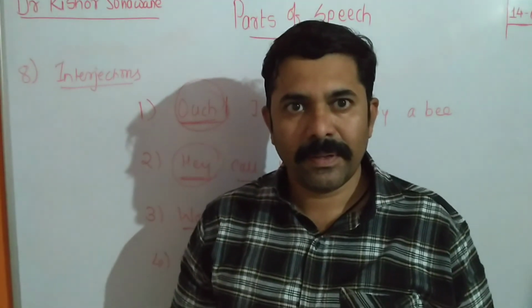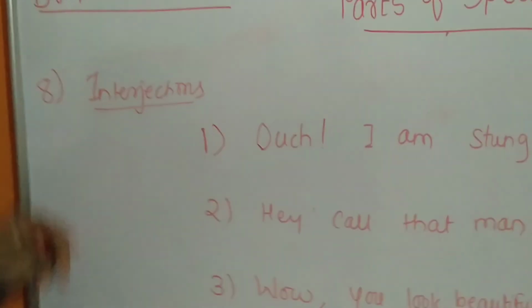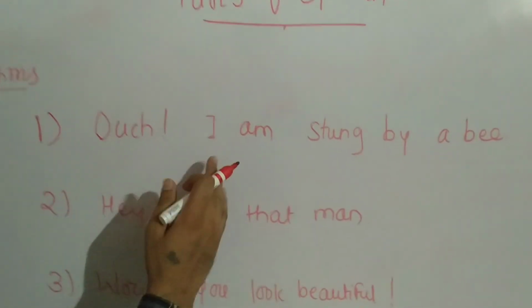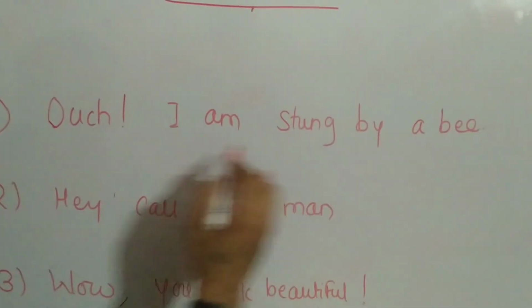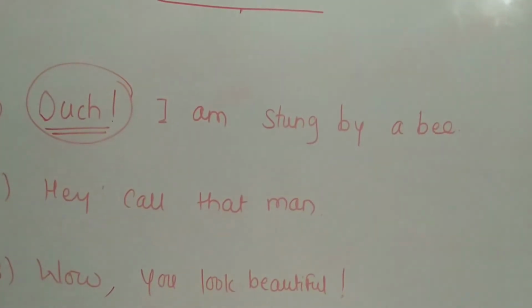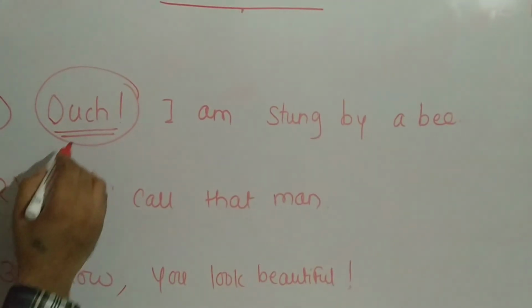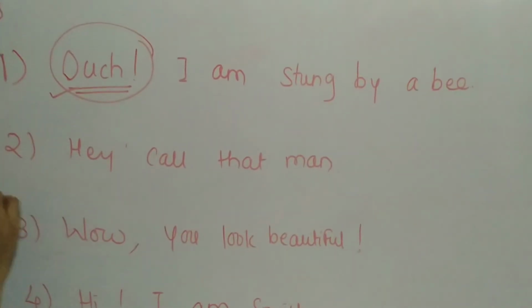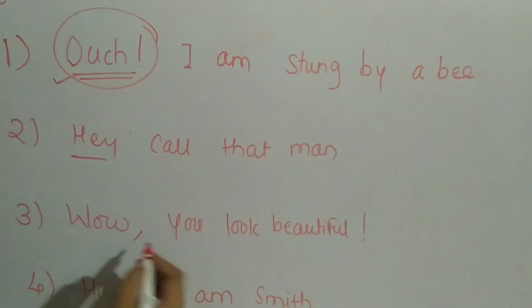Now, students, see the examples of interjections. First one is: ouch, I am stung by a bee. Here these words express strong feelings. That's why ouch is an interjection. The second example is: hey, call that man.